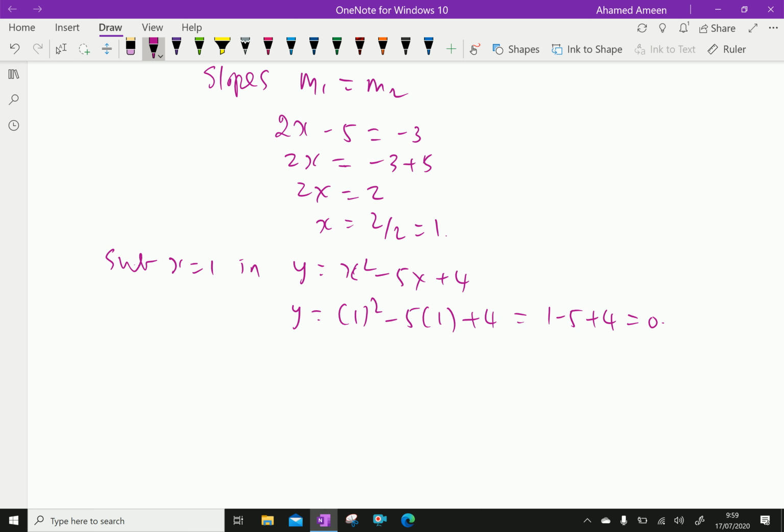Therefore the required point on the curve is x equal to 1 and y is 0.